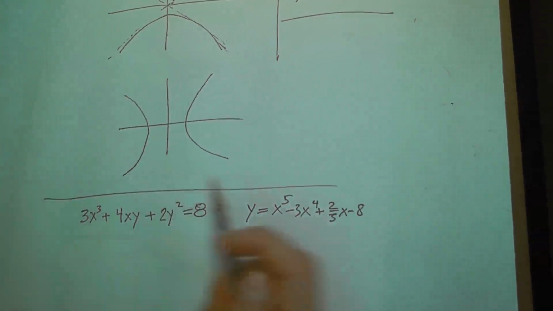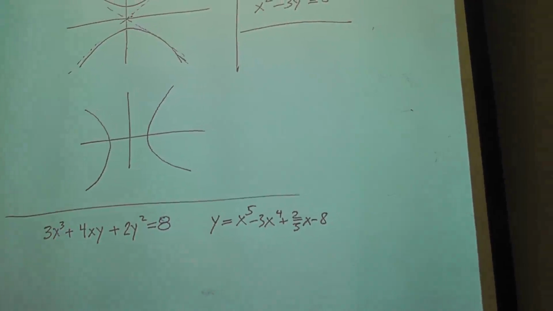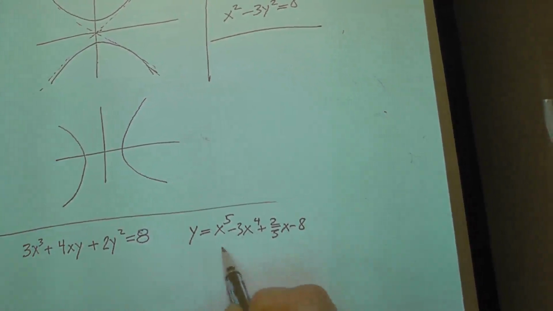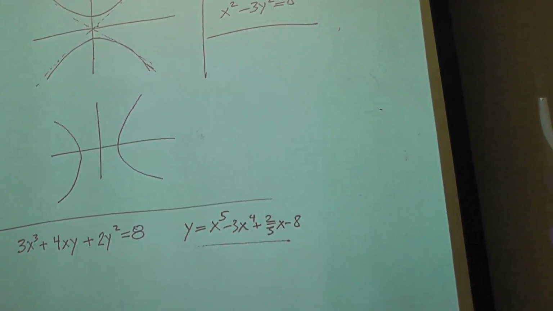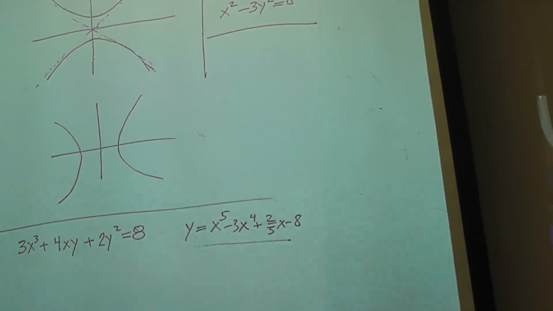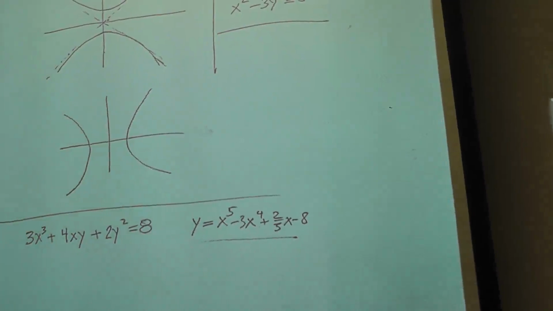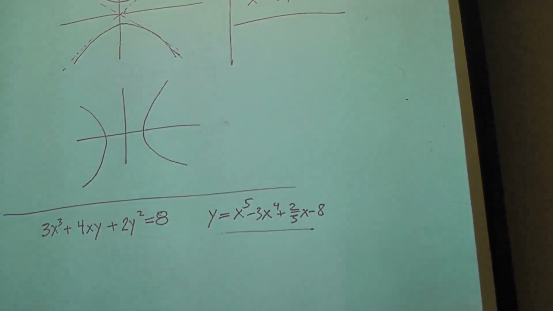Certainly no more than 5, but these things can be nasty to graph. No one's going to expect you or asks you to graph this. Even on a calculator, these things are a pain because calculators have this nice finite viewing window, and you never can get the entire picture of it.